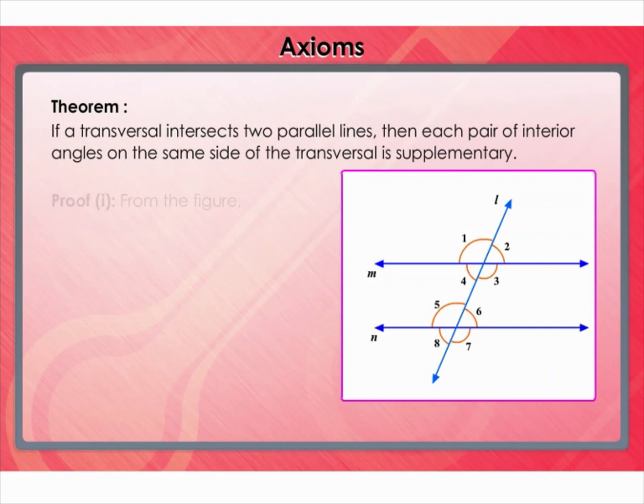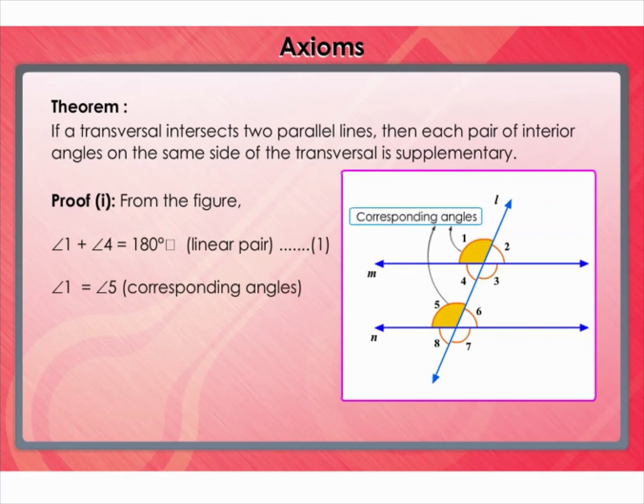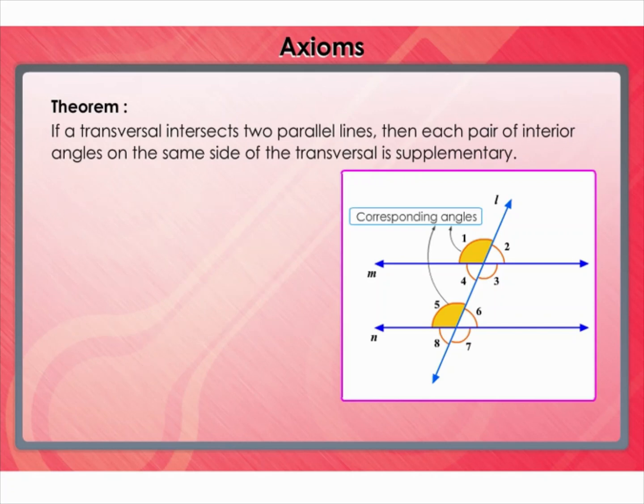Now from the figure, the sum of angle 1 and angle 4 is equal to 180 degrees. Consider this as equation 1. We know if a transversal intersects two parallel lines, then each pair of corresponding angles is equal. This implies angle 1 is equal to angle 5. Using this, equation 1 can be written as angle 5 plus angle 4 is equal to 180 degrees.